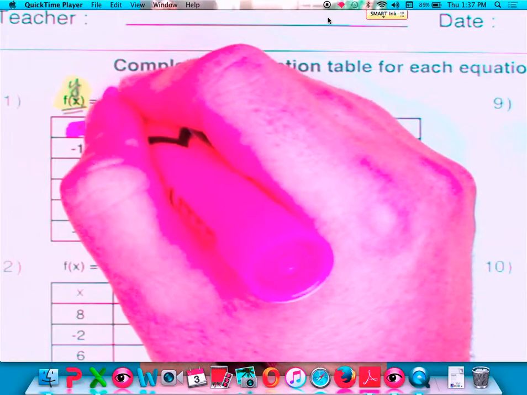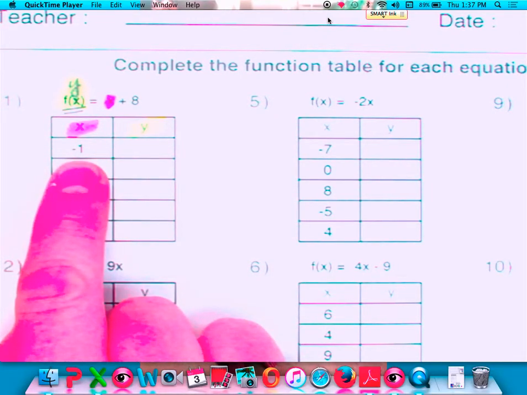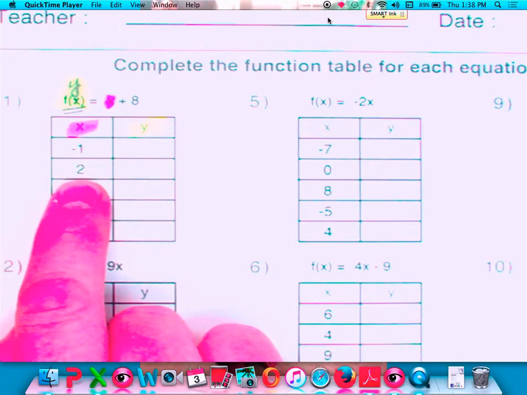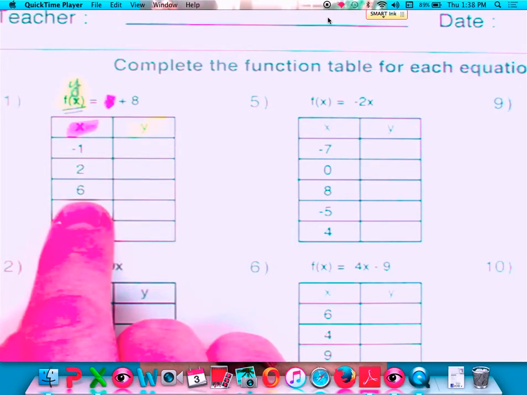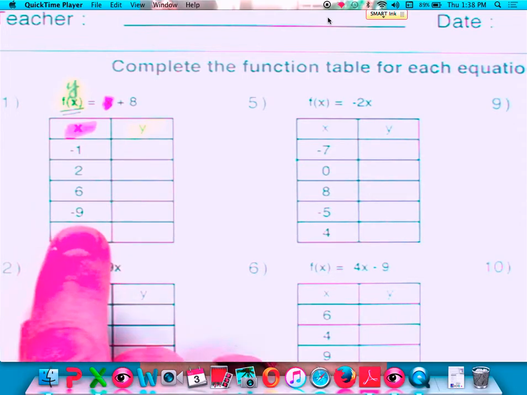Okay? So basically what's happening here is we are trying to figure out what y would be if x was -1. What y would be if x was 2. What y will be, or what will our range be if we have 6 as an x value? What would it be if it was -9?